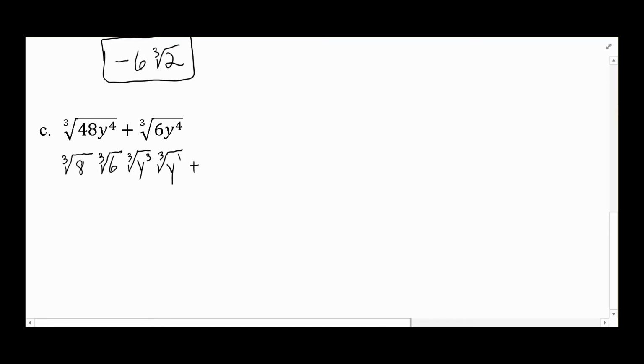And then we're going to look at the second guy. Cube root 6 doesn't simplify, but the cube root of y to the 4th, I could break that up as y cubed and y. There's my break it up step.